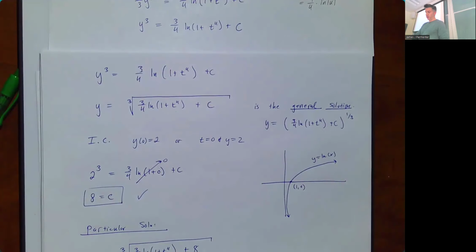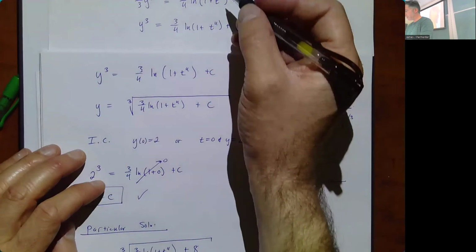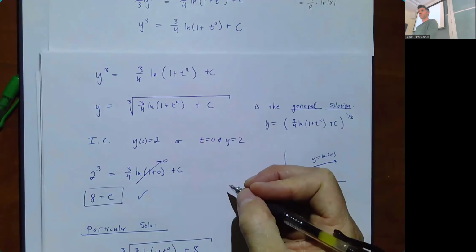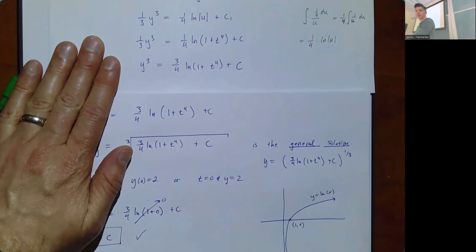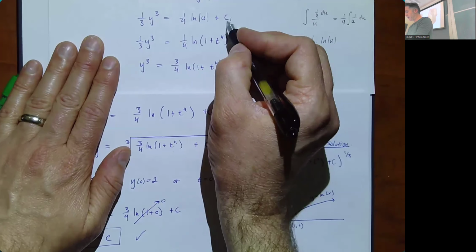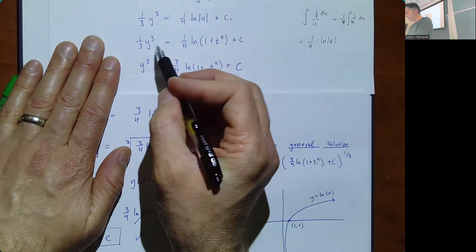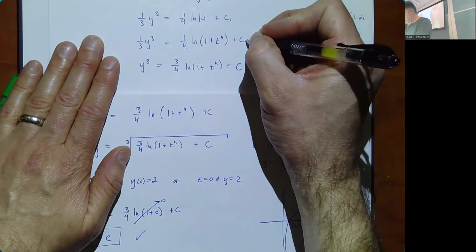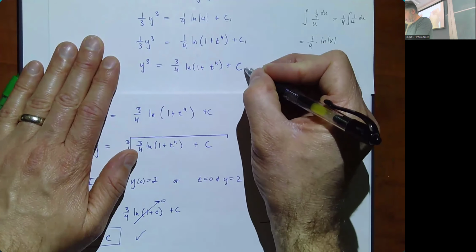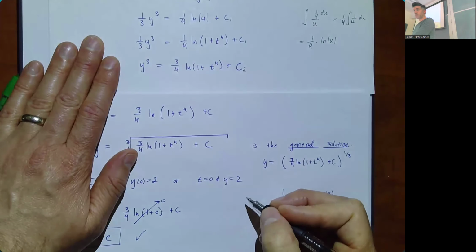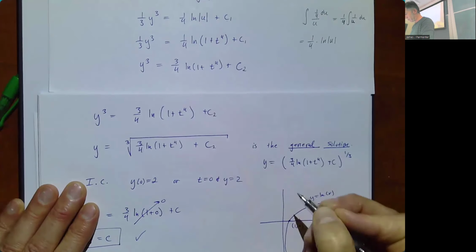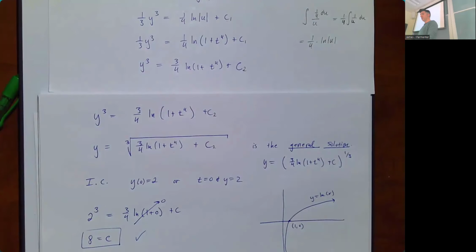I'm going to call this C1, and then still C1 here. I haven't changed it, I just rewrote things. But then I multiply both sides by 3. So this is a new constant. I'm calling it C2. So C2 is 8.